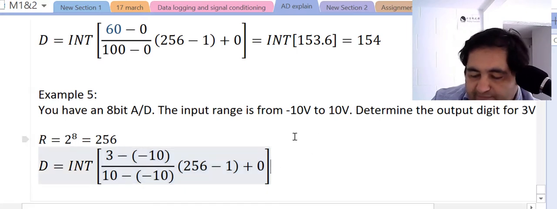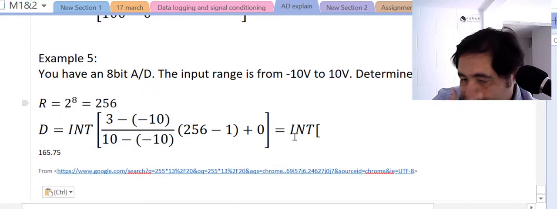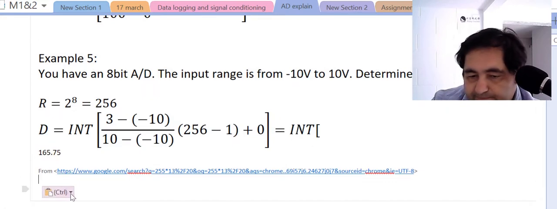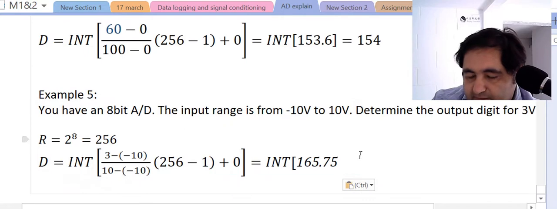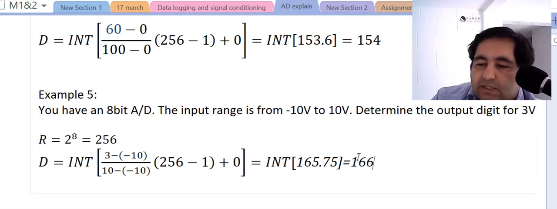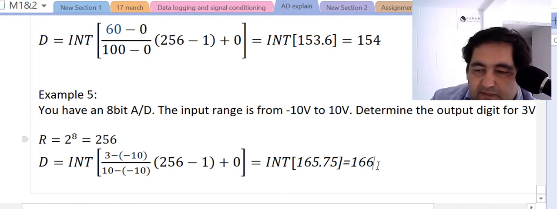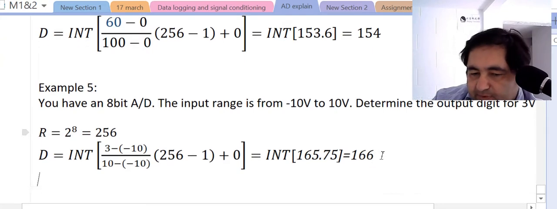However, I need the integer for this value. Well, it's going to be one number higher because it's integer, so 166. Okay, so I found the answer. So that means for this range, if I have 3 volt, I am getting 166.